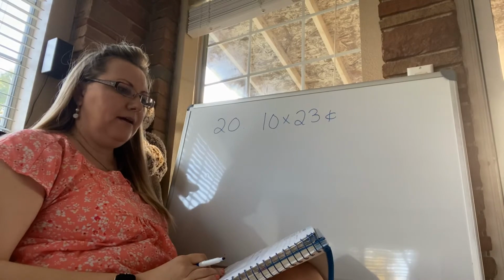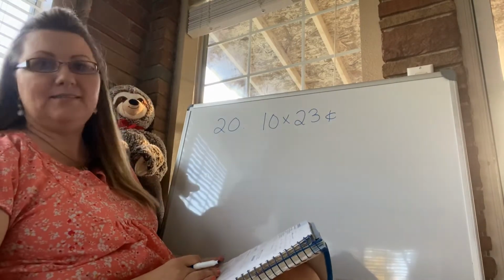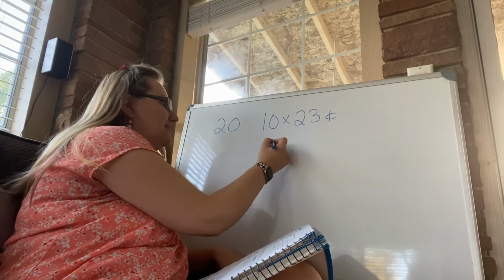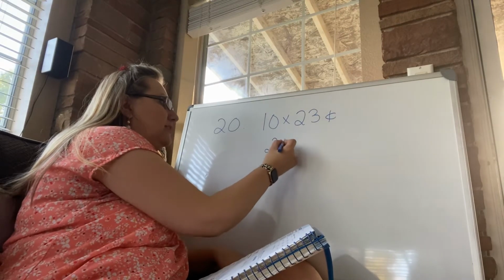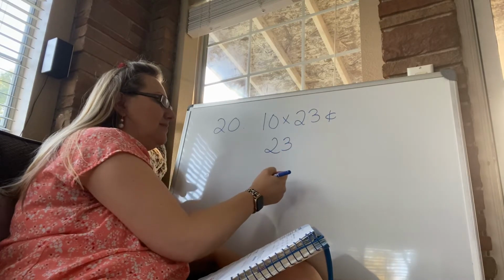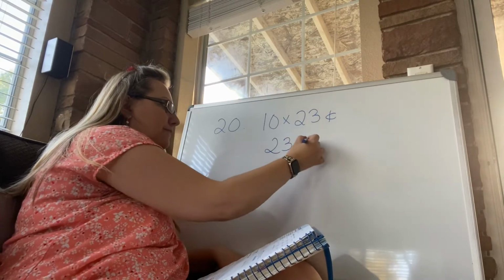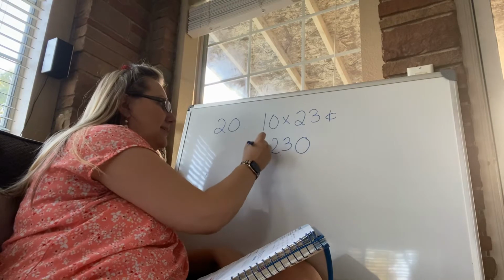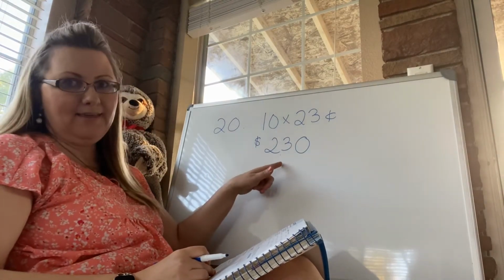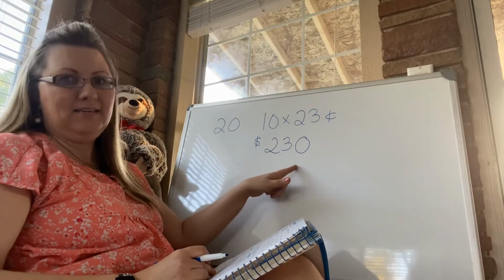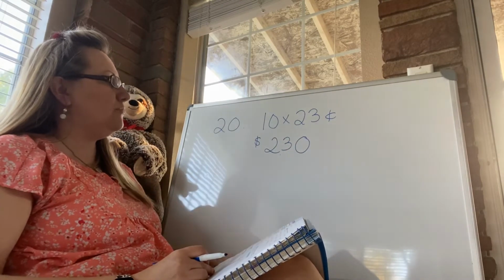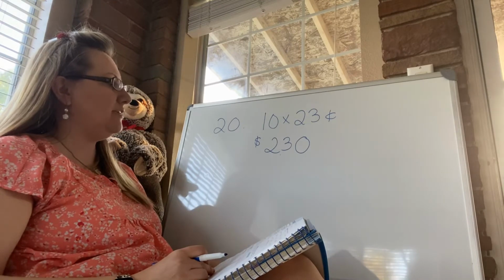We take 23 cents, add a 0. Okay, so we have 23 plus that 0. And we can see 23 cents times 10 is going to be more than cents. Now times 10 is going to give us $2.30.